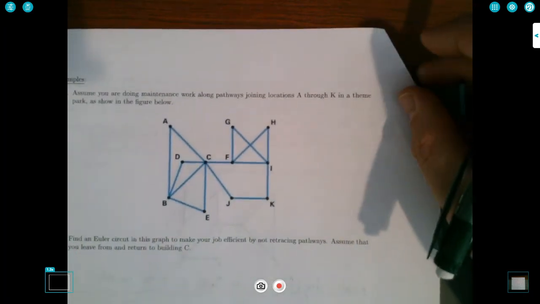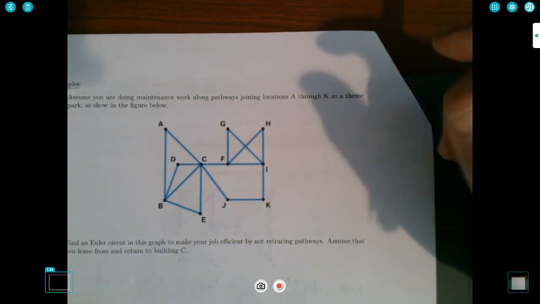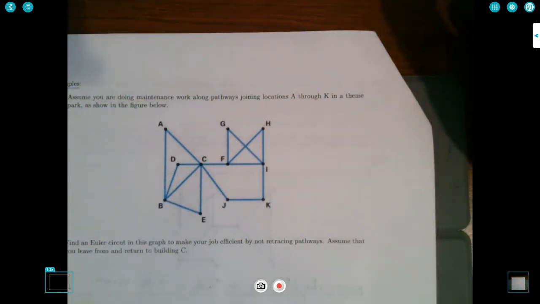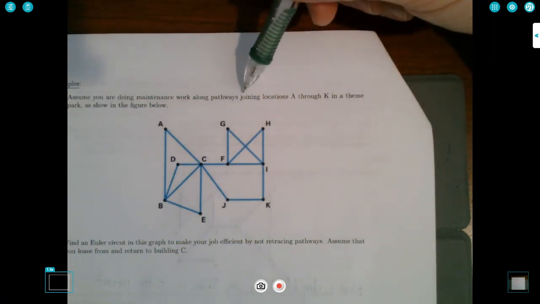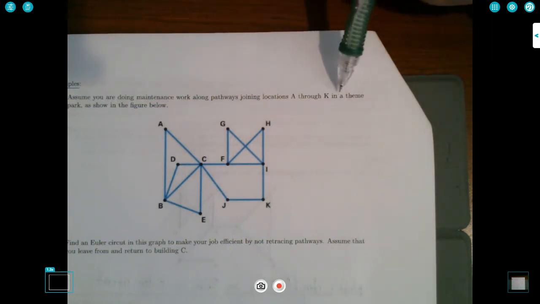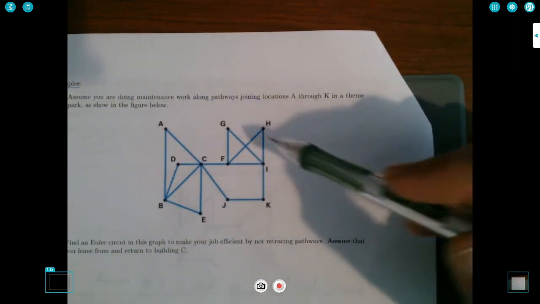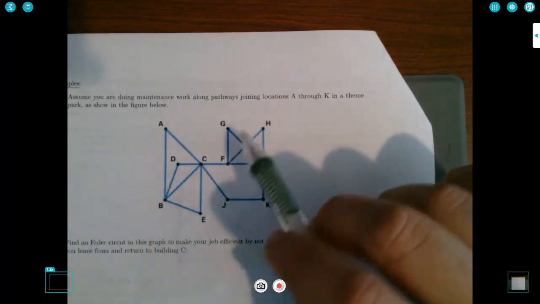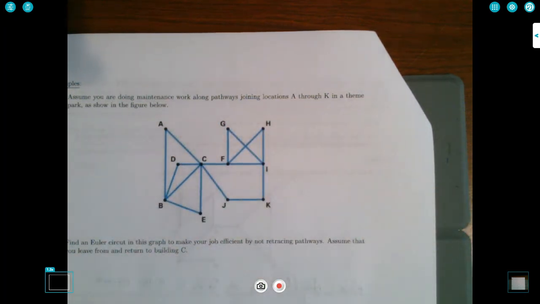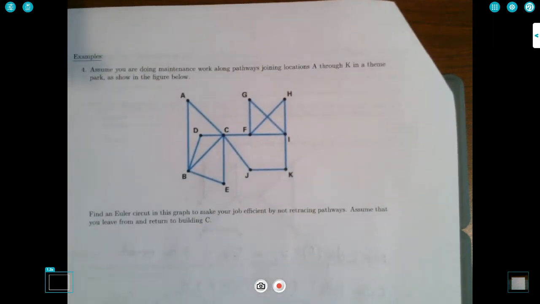I should have given myself more space, I guess, because I kind of want to redraw this. Anyway, assume that you're doing maintenance work along pathways joining locations A through K in a theme park. So these are a whole bunch of different locations in the theme park, and they're connected using this kind of relationship.